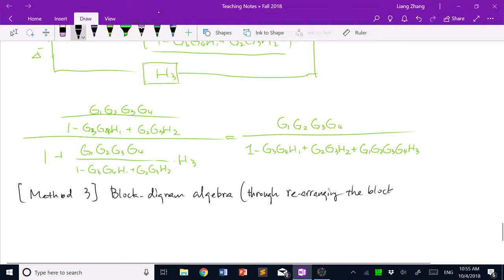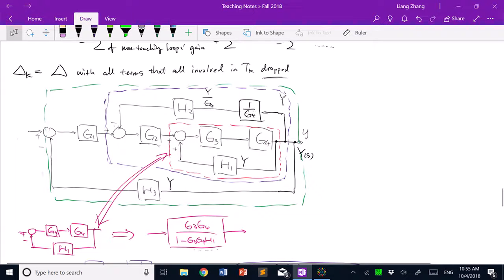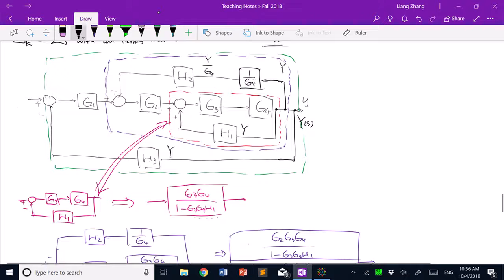This is still sometimes called block diagram algebra, but that's not rearranging the blocks, right?